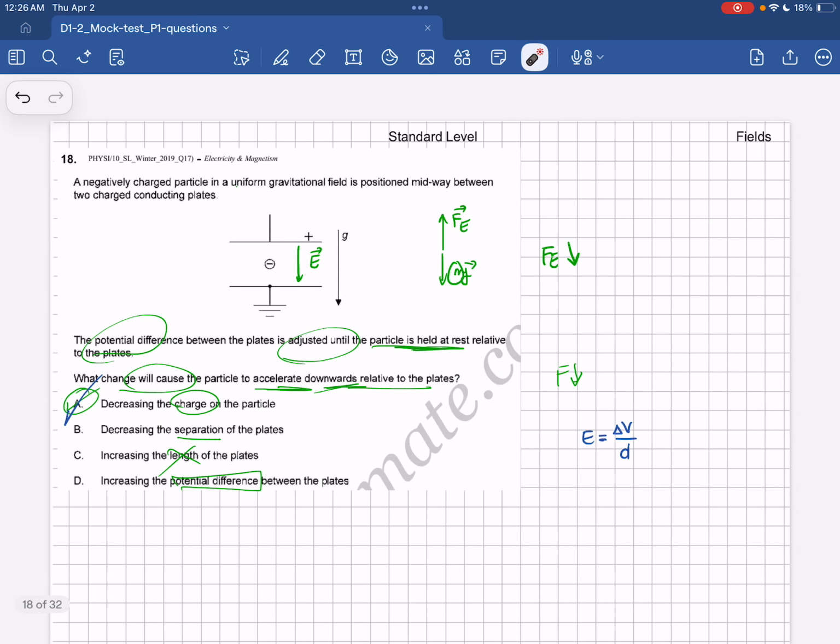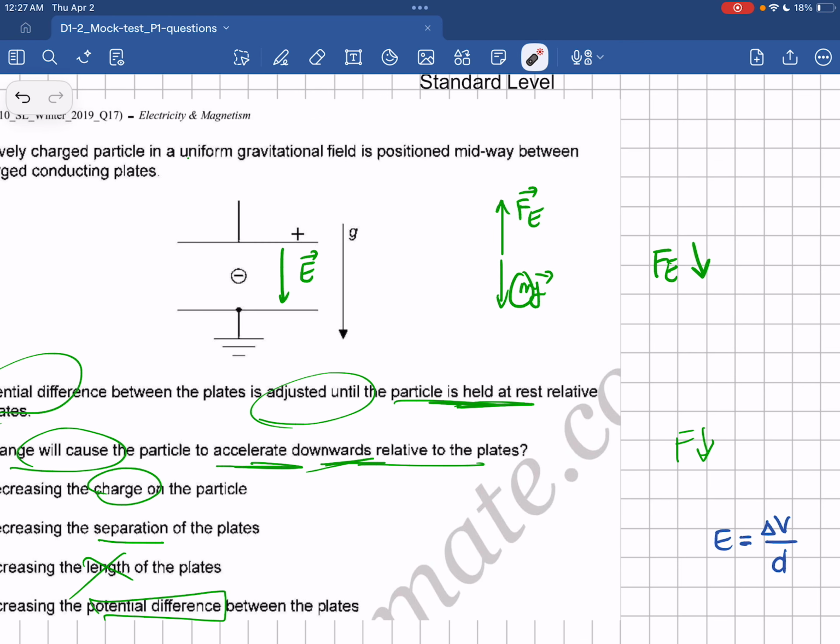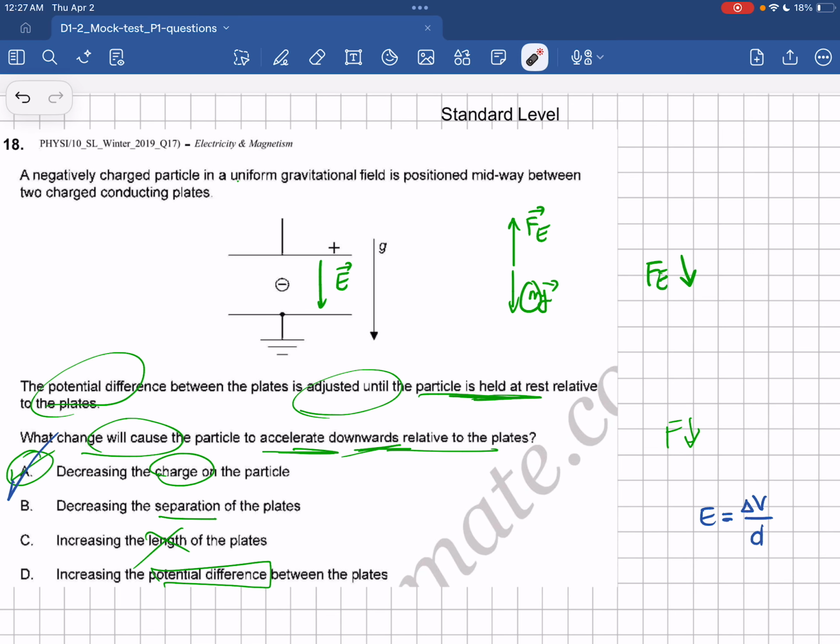Number 18. A negatively charged particle in a uniform gravitational field strength is in a position midway between two charged conducting plates. Okay, so we got a negative here, the positive here, so the electric field should be as shown. It undergoes two forces: the Fe in the opposite direction to the E field, upward, because it is negative, and the downward gravitational force.